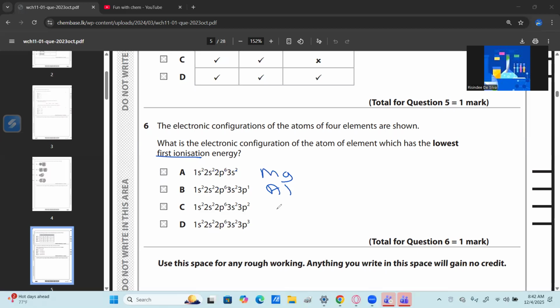So if you take the ionization energy graph, sodium, magnesium, aluminium, silicon, phosphorus, the lowest one will be aluminium. Answer is B.